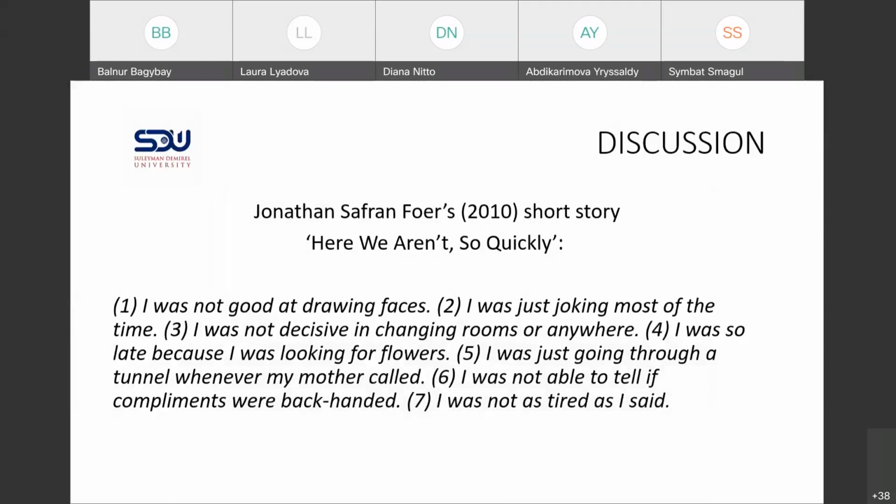Okay, now let's have a look at the short story by Jonathan Safran Foer. It also uses parallel structures. It would be lovely if you now discuss what kind of parallel structures you are finding here. Actually, that very short excerpt was already discussed in the previous lecture as well.